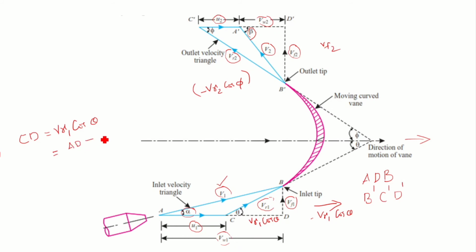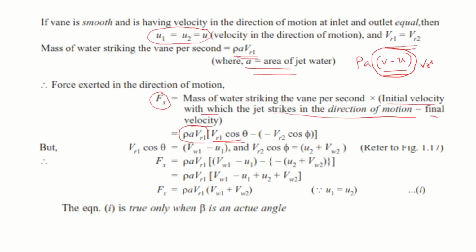AD minus AC gives CD. AD is VW1 and AC is U1. So VR1 cos theta is equal to VW1 minus U1.